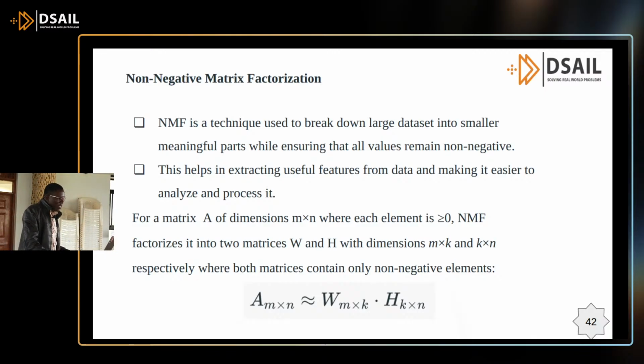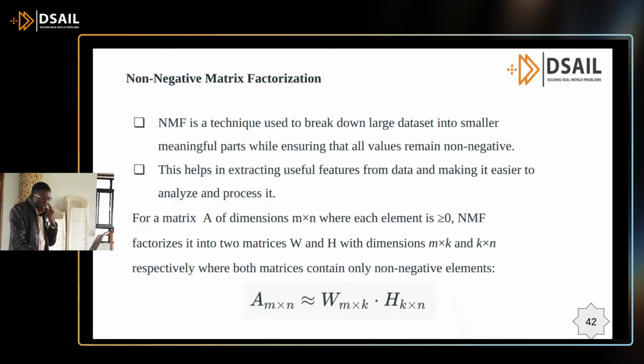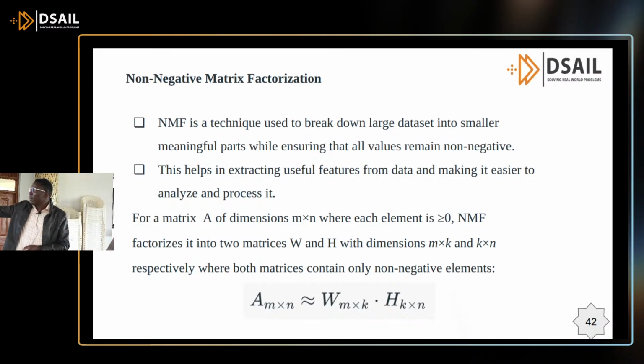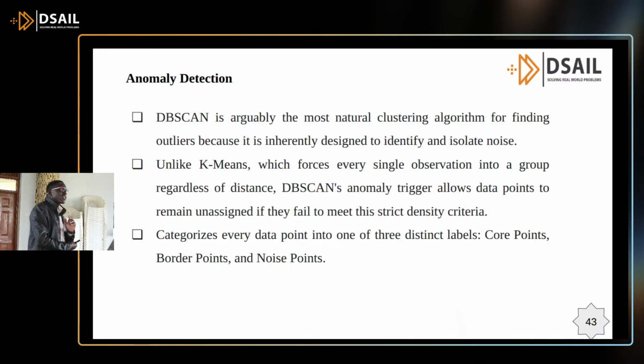Yeah, anomaly detection. I think this will be the last thing, and I already discussed this when I was describing DBSCAN. With K-means, at least every point will be assigned to a cluster.